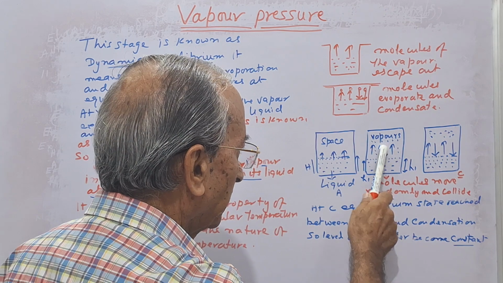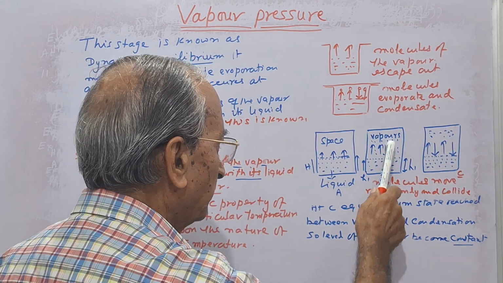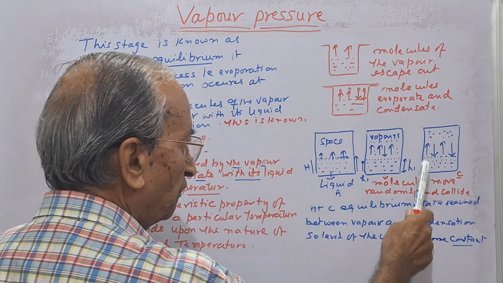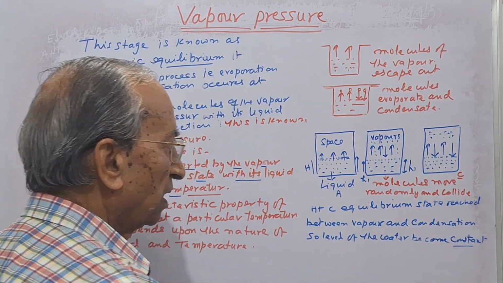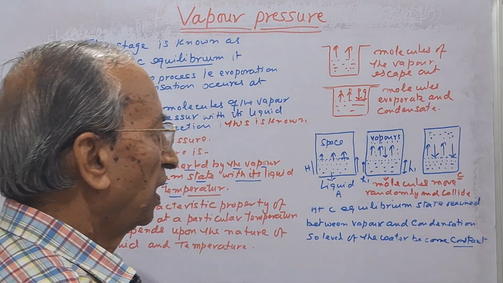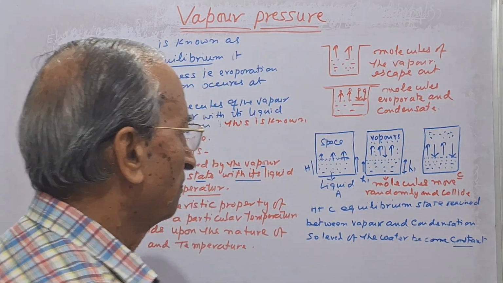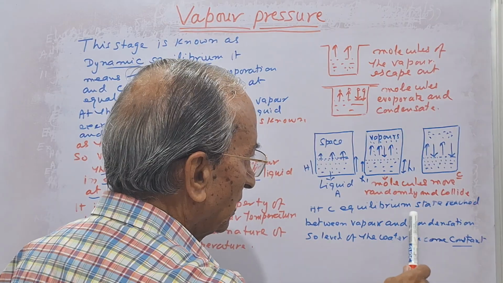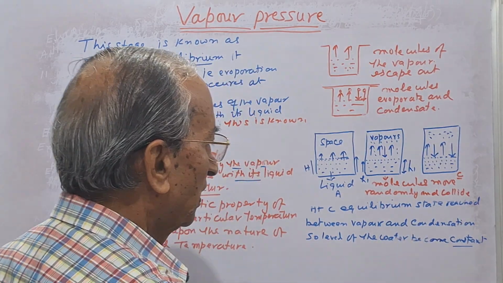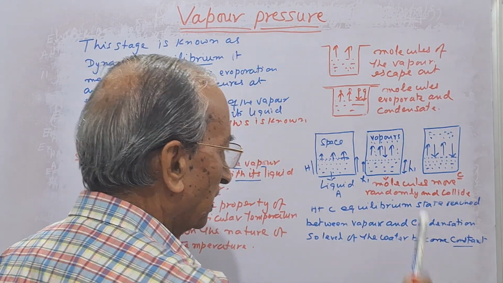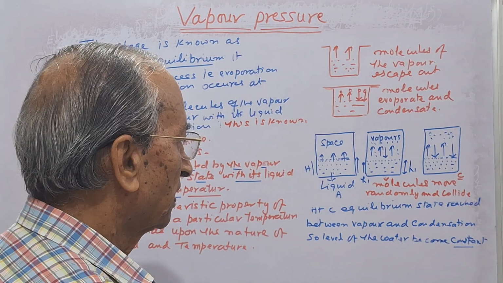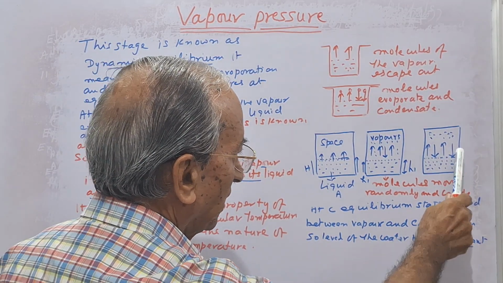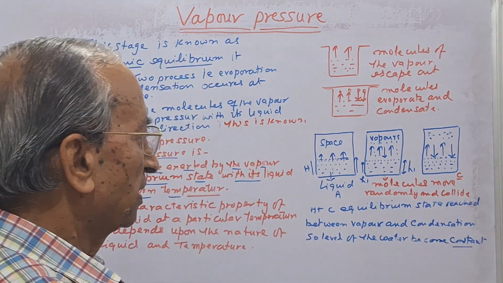We will see there is no further decrease in the height, that is the level of the water, and it becomes constant. It means an equilibrium state is reached between the vapor and the condensation, and so the level of the water becomes constant.